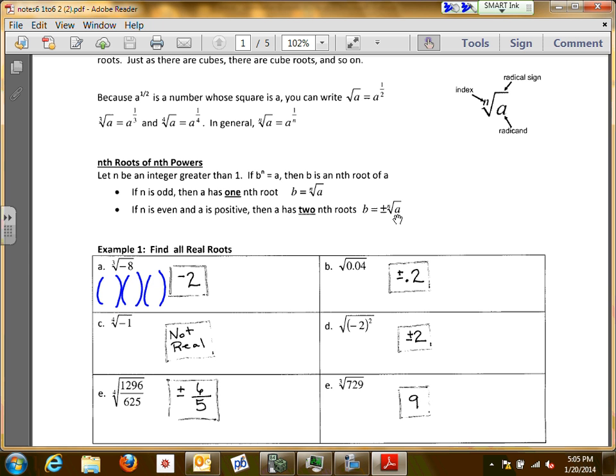You would know from your rules about signs that we are going to have 3 negatives in order to give us a negative value inside there. Now also, this is a small enough number that you may be able to tell that -2 times -2 times -2 is how you get -8. Because 2 times 2 is 4, and then that times -2 makes -8.